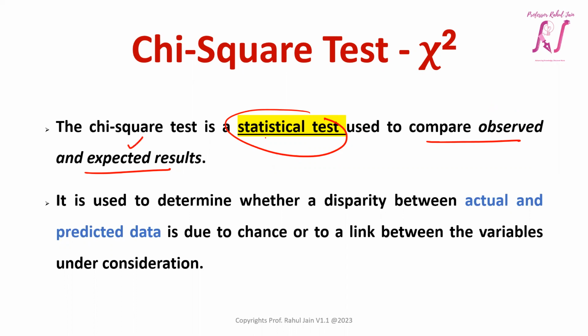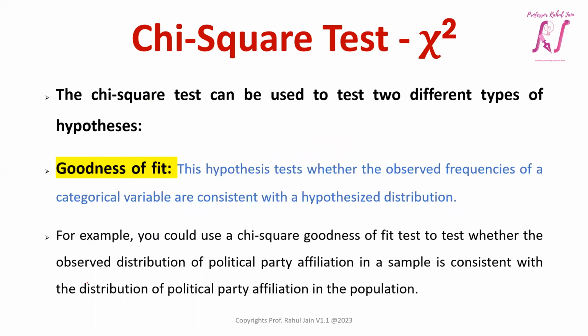We are going to solve some examples later on. The comparison between observed value and expected value is tested with the help of the chi-square test. It is used to determine whether the disparity between actual and predicted data is due to chance or whether there is some link between the variables under consideration. That is figured out with the help of this test.